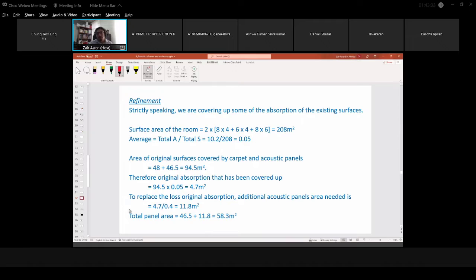A certain room with a certain absorption coefficient or reverberation time value, put additional material in, this happens or that happens. So calculate or estimate what will happen if we do this or that to that particular room. I don't want to repeat this. Since you have the slide, you can read this by yourself.